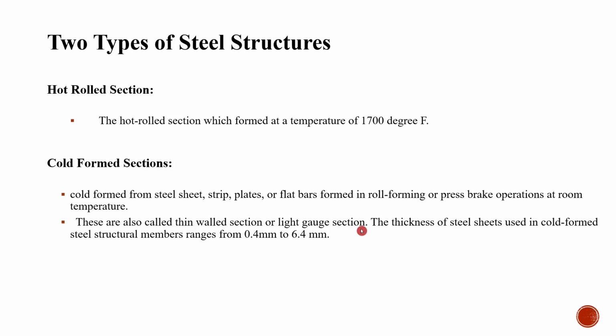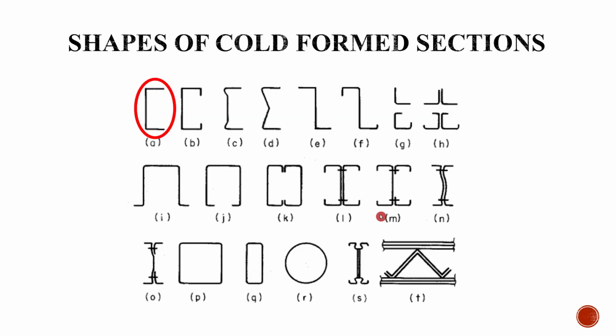The thickness of cold formed steel ranges from 0.4 mm to 6.4 mm. Here in this lecture, we are focusing more on the different buckling modes of thin walled open sections.